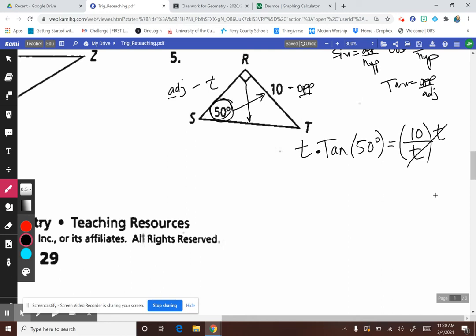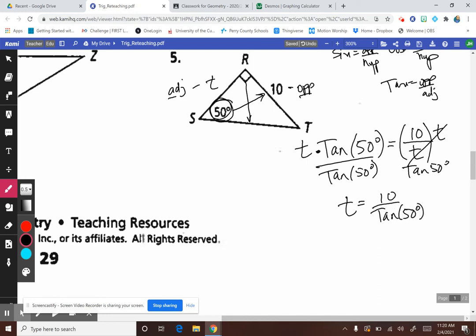So what am I going to have to do? I'm going to have to divide out tangent of 50 in order to get it over here. So what I end up with is t equals 10 over tangent of 50 degrees.